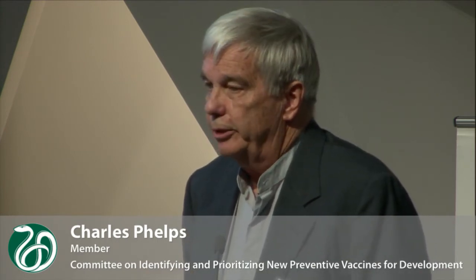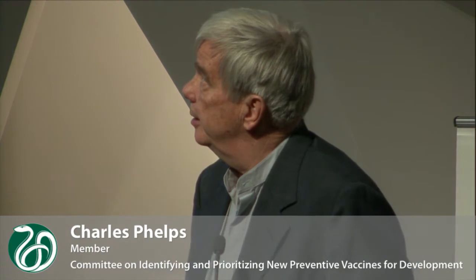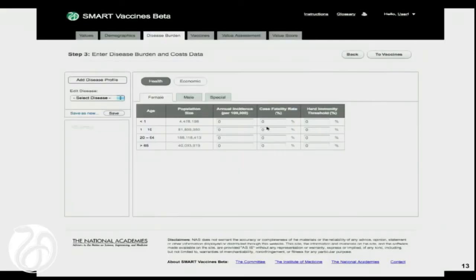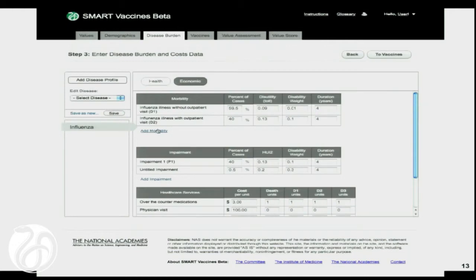Step 3 is to characterize the profile of the disease being approached. Again, we have here examples of influenza, with attributes about the disease: what's the annual incidence rate, what's the case mortality rate. These types of disease data reflect what would happen to an unvaccinated population. There are also discussions about what the costs of treating the disease would be if it's left unchecked.